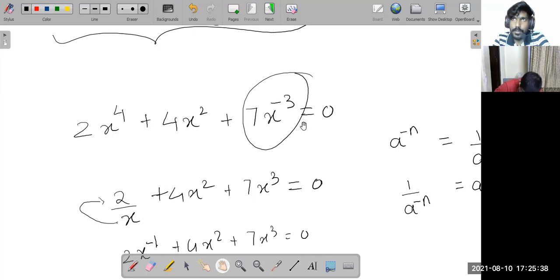Below this example, write: this is not a polynomial because the power of x is minus 3, which is negative and not a whole number.